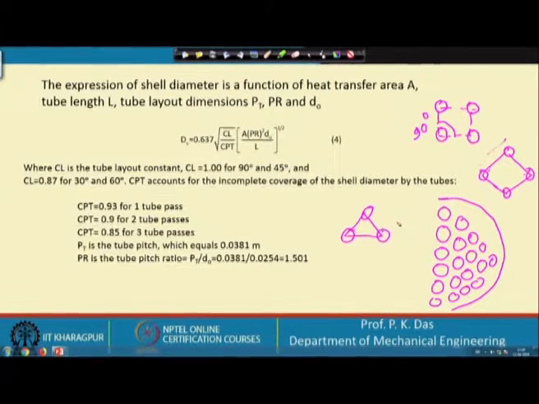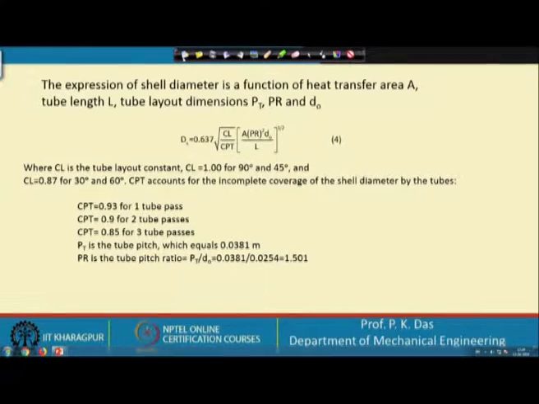Something has been discussed earlier also, in the case of shell and tube heat exchangers. So, I will not spend much time on this.